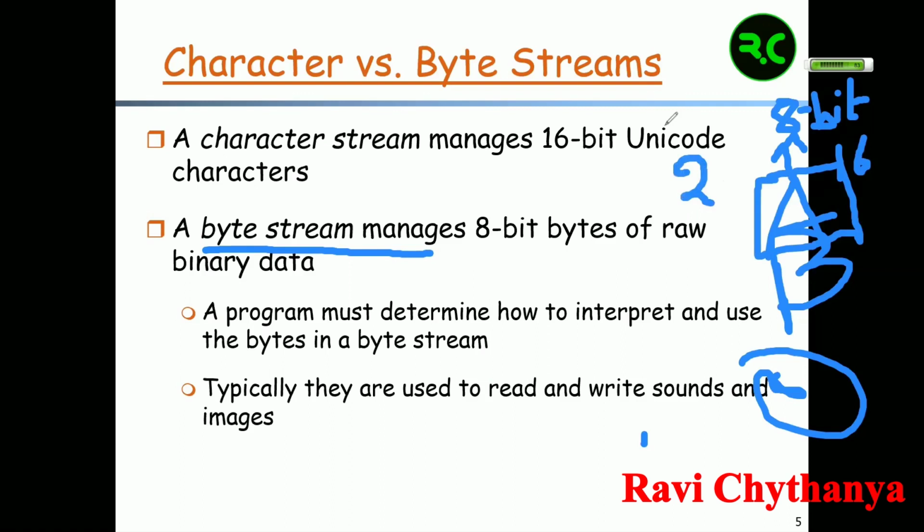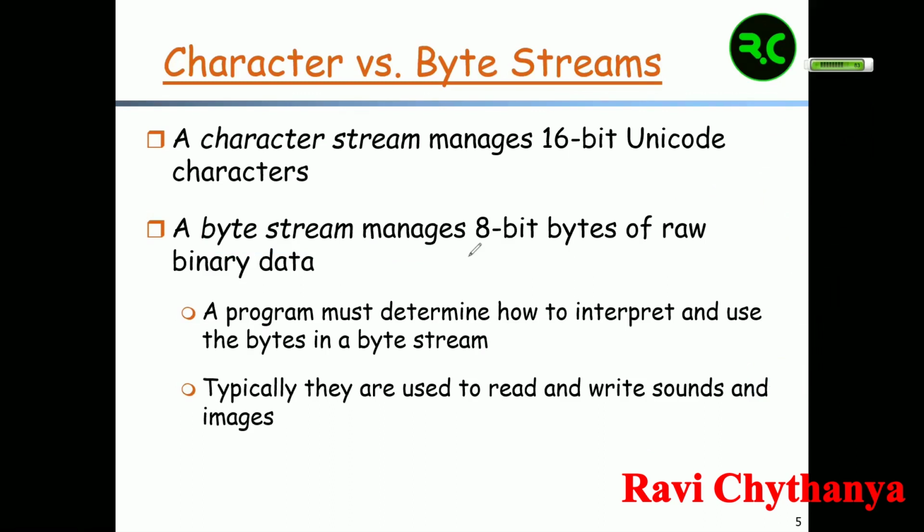Typically they are used to read and write sounds and images. The byte stream is going to be used for reading and writing the sounds or images into the specified streams, not for the data to be stored. But in real time, we are going to develop real-time projects, and we are going to use this byte stream to store the data of a user in the form of objects.